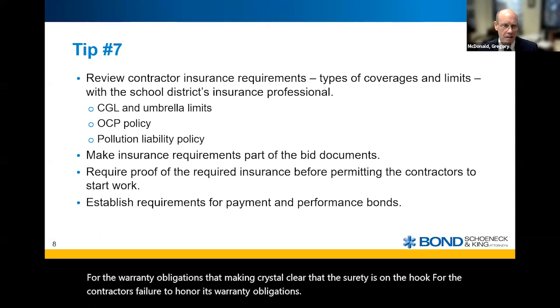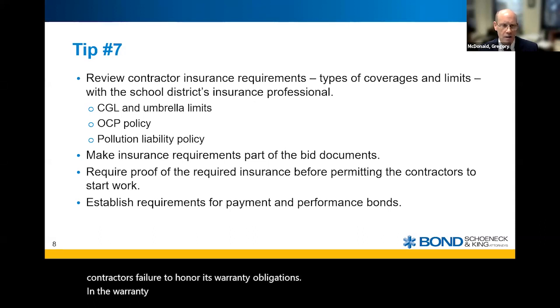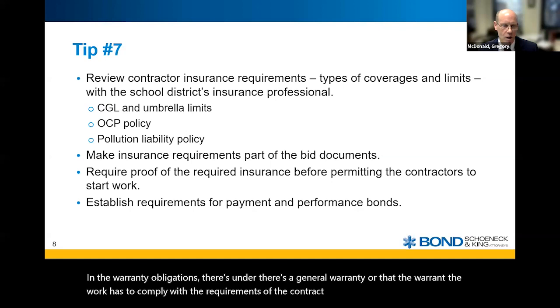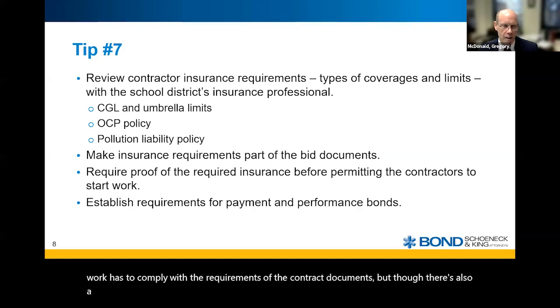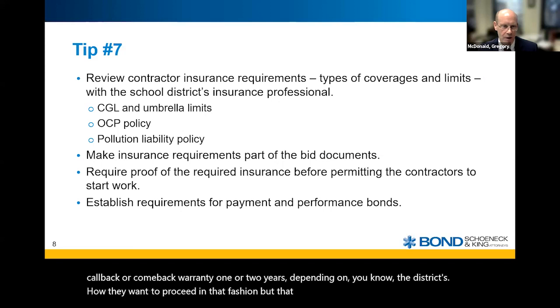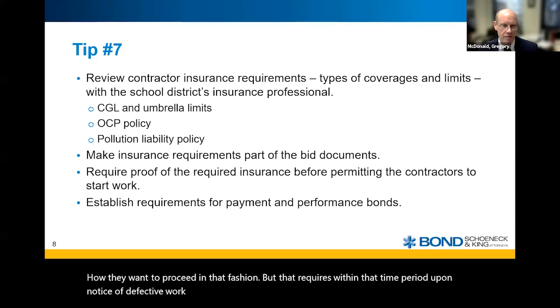And the warranty obligations, there's a general warranty that the work has to comply with the requirements of the contract documents, but there's also a callback or a comeback warranty, 1 or 2 years, depending on how the district wants to proceed in that fashion. But that requires within that time period, upon notice of defective work, that the contractor has to physically come back and repair that work.